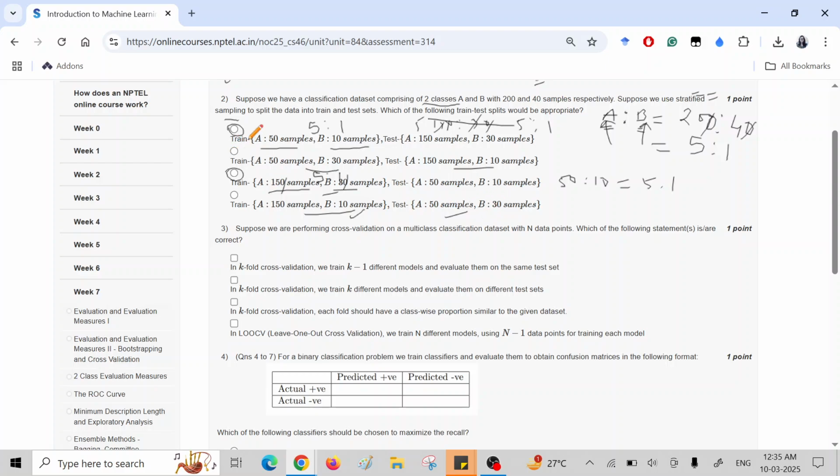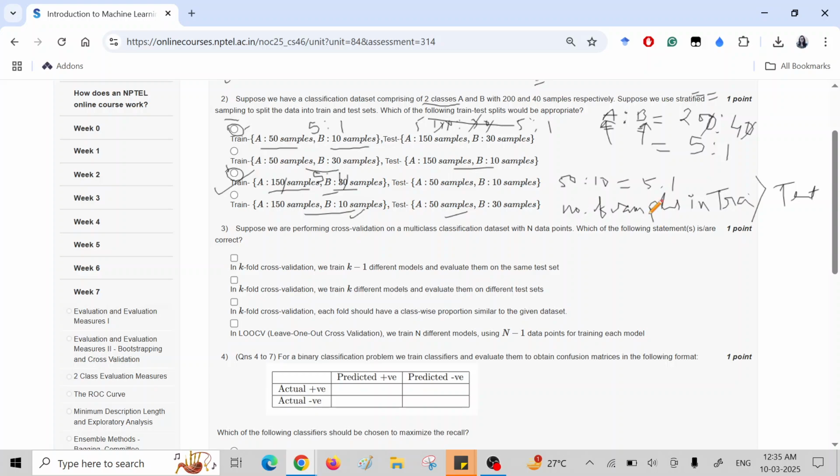Okay, now out of option A and C, both maintain the ratio of 5:1, but we will prefer option C as the correct answer, because generally it is good practice that the number of samples in the training data set should always be greater than the number of samples in the test data set.